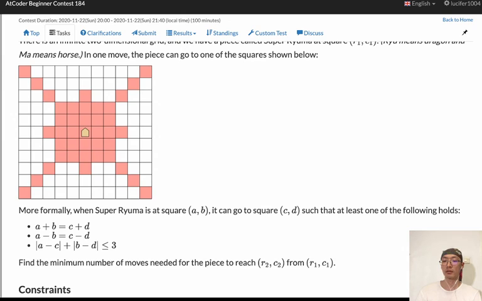We can either move along this diagonal, or we can move along the other diagonal. Also, we can move to neighboring cells. Here neighboring means the Manhattan distance is no larger than 3.